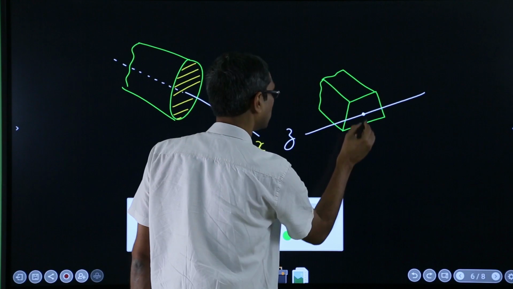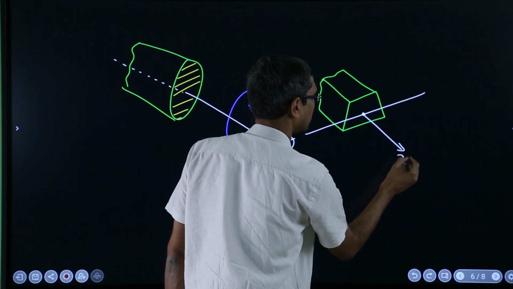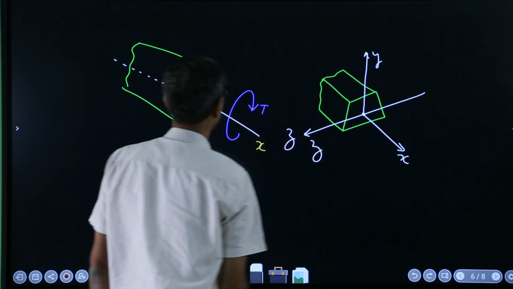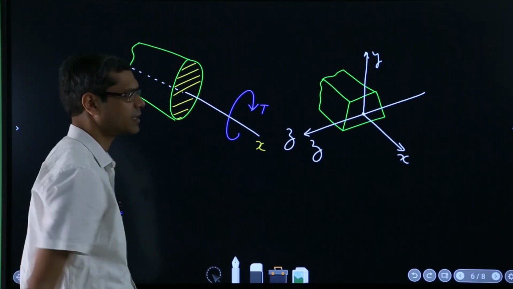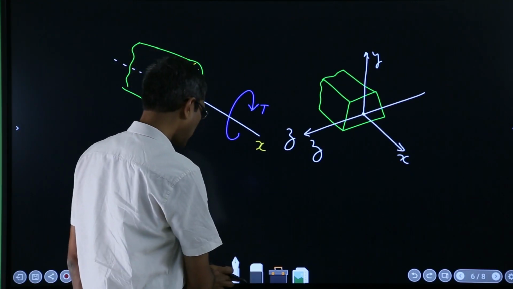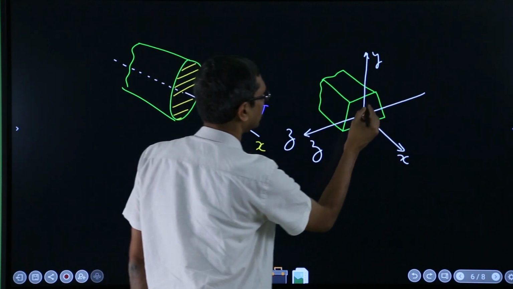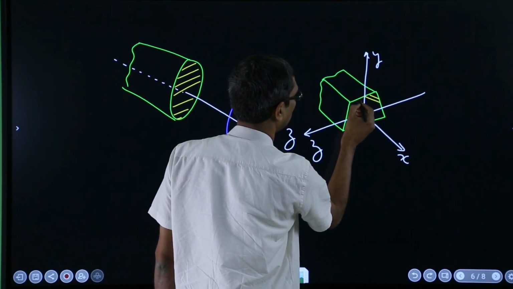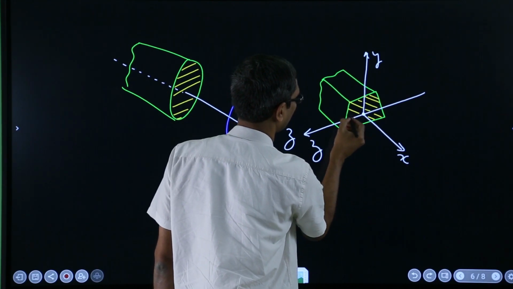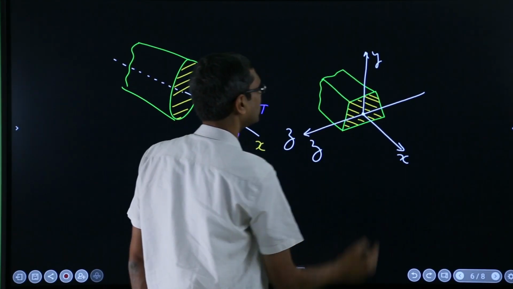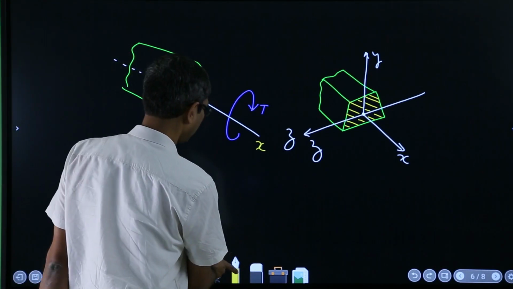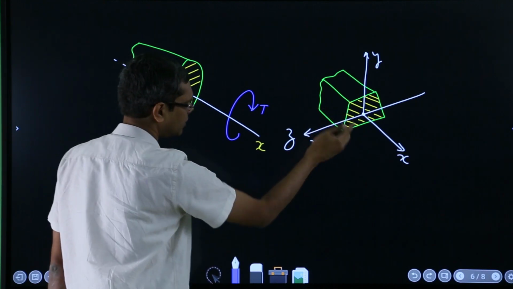So this is x, this is y, and this is z. Here it was x, and y and z can be any direction. So about this, and the cross sectional area which you are concentrating on is this, right.